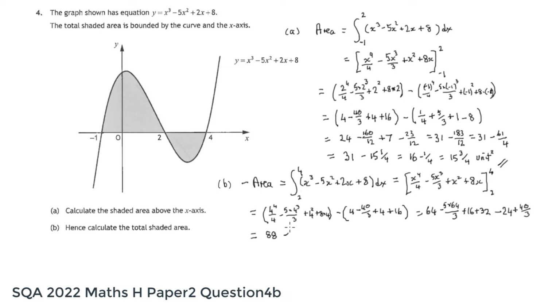So there's minus 320 thirds. We've taken care of all of these, and a plus 40 thirds. So 88, and then we take 40 from the 320, that will give us 280. It's negative 280 thirds.